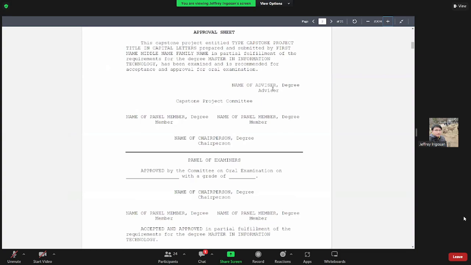During your final defense, we will be joined by a third panel member because during your Capstone Project 1 initial defense, we were only joined by two internal panel members plus the advisor. During your final defense, we will be inviting an external panel member.